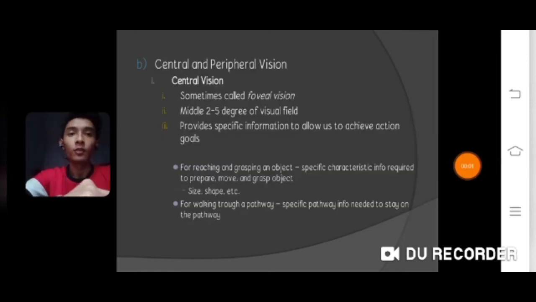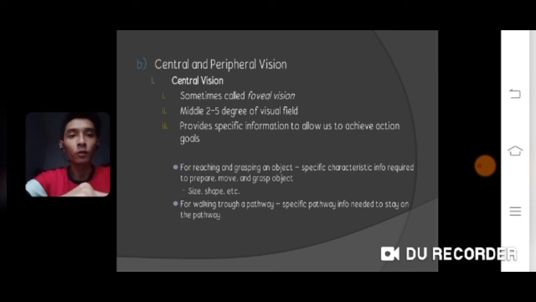Okay, then the second one is central and peripheral vision. The central vision is sometimes called foveal vision. It is the middle 2 to 5 degrees of the visual field. It provides specific information to allow us to achieve action goals.